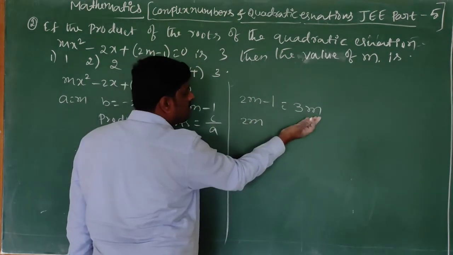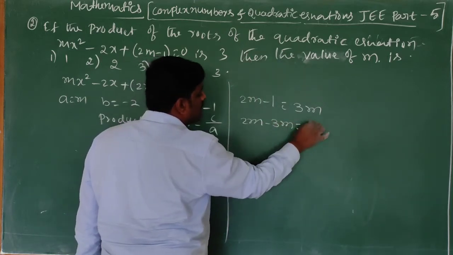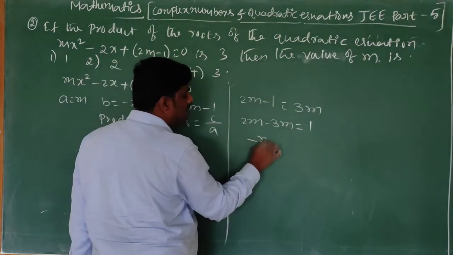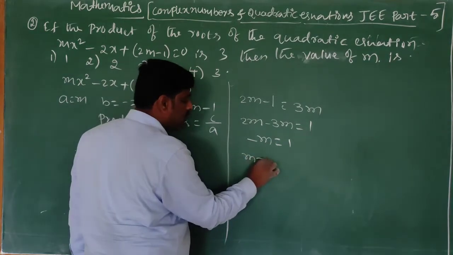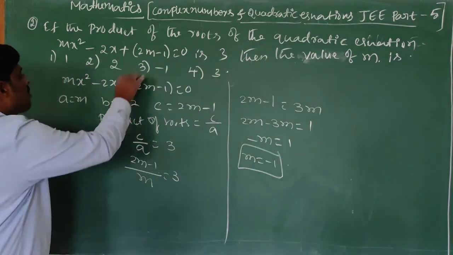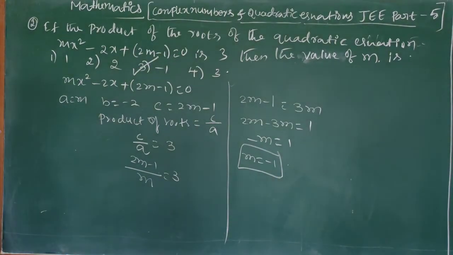Shift 3m to the LHS: 2m minus 3m is minus m is equal to 1. Therefore m is equal to minus 1. Which option? Third option. Okay, so we'll move to the next question.